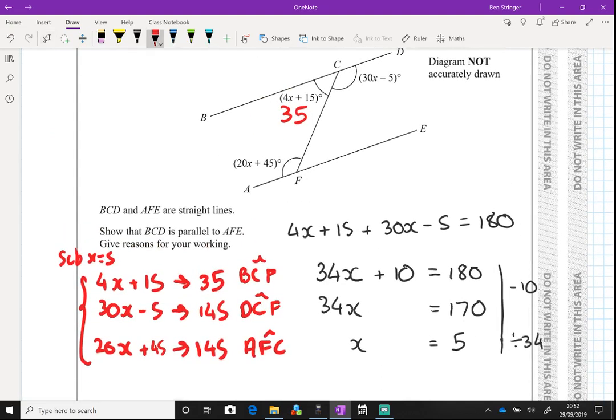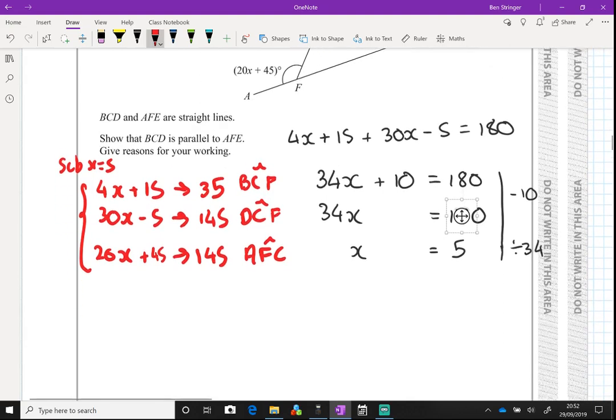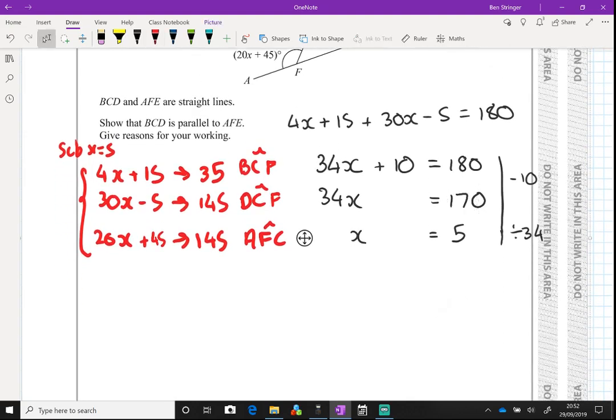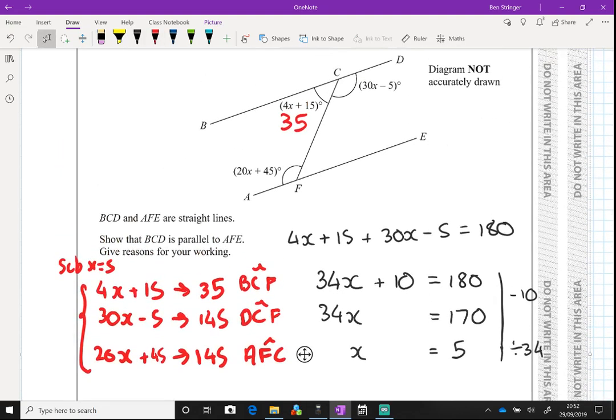So BCF and DCF lie on a straight line. We haven't proved anything because it said that, but from using the fact they lie on a straight line, we could solve an equation, find x is 5, then putting that number into all three of these, we worked out what each angle is, and now it's a case of saying one of the following. You can either say that if these lines are truly parallel, then angle DCF and AFC will be the same because they're alternate.